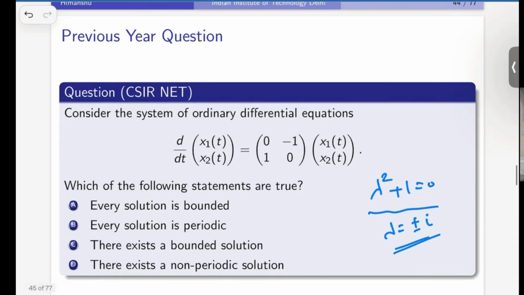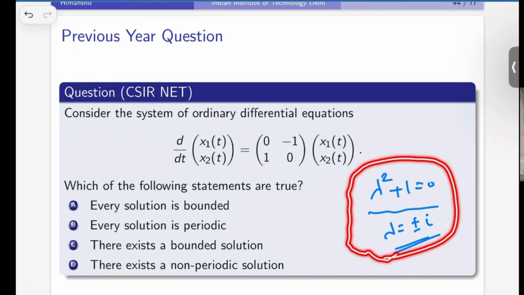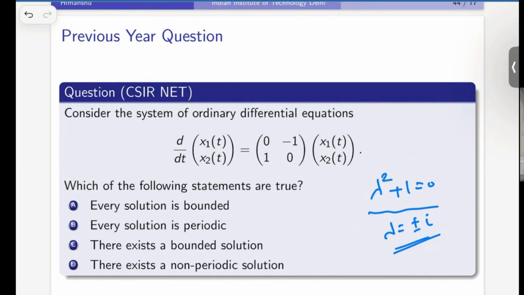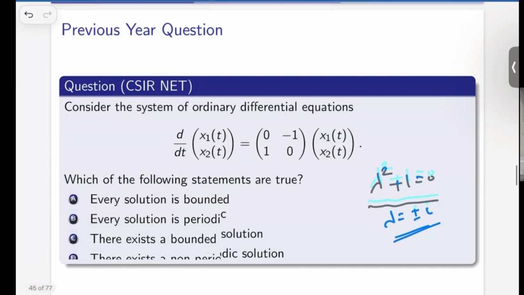It is clear from our eigenvalues that my system will have a solution in terms of sine and cosine, and the sine and cosine functions are periodic and bounded. So we can say directly that options A, B, C are true and option D is false. This is the intuition I have in my mind.